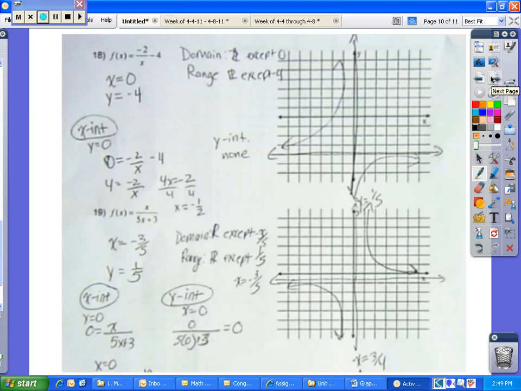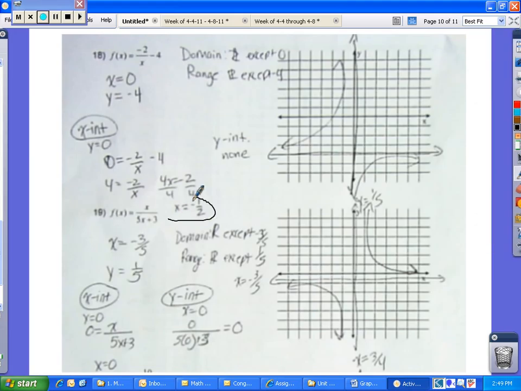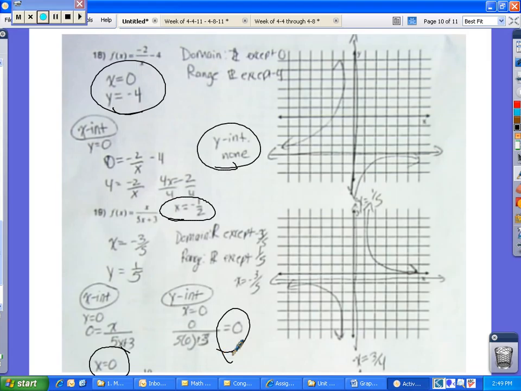For number 18, here's your x-intercept down here. You have no y-intercept. Your asymptotes are x equals 0 and y equals negative 4, and again labeled on your graph. Same thing down here. Your x-intercept is 0, your y-intercept is 0. Here's your asymptotes, domain and range, and your graph.